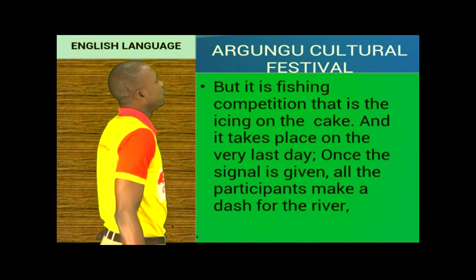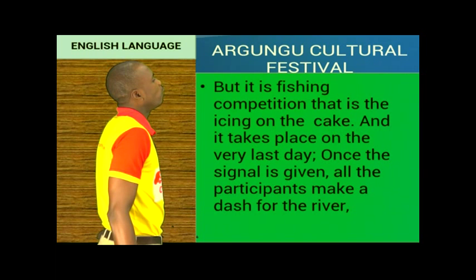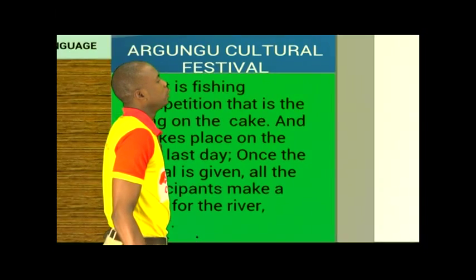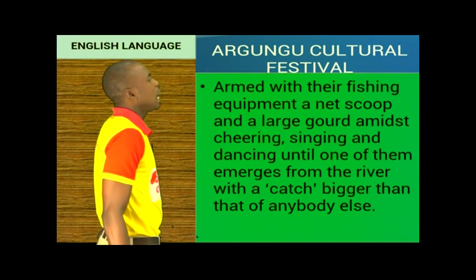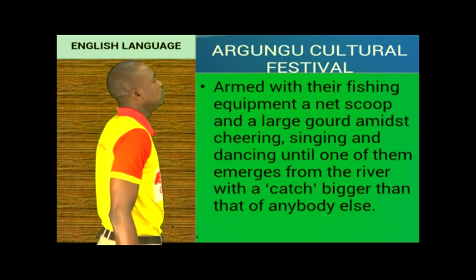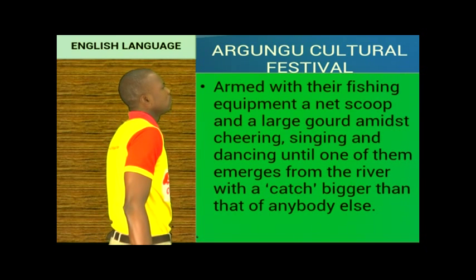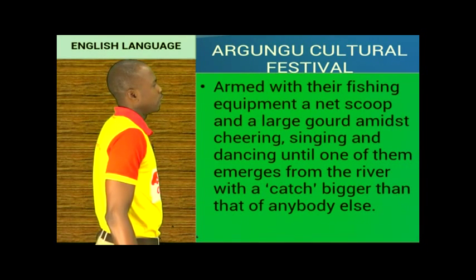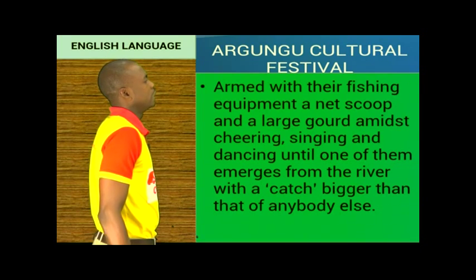Once the signal is given, all the participants make a dash for the river, armed with their fishing equipment, a net, a scoop and a large gourd, amidst cheering, singing and dancing, until one of them emerges from the river with a catch bigger than that of anybody else.